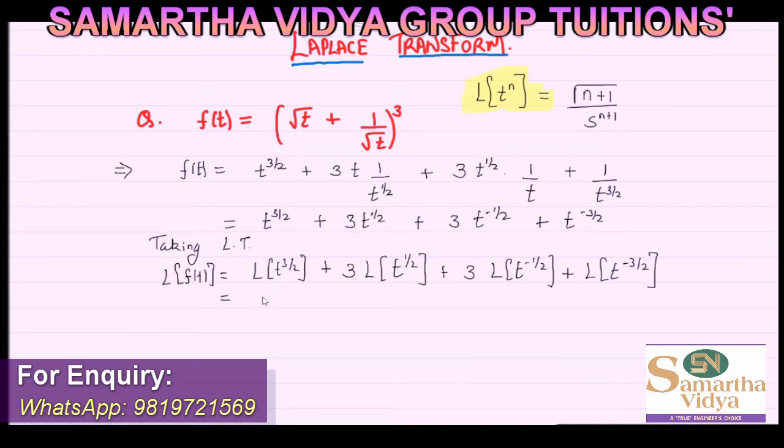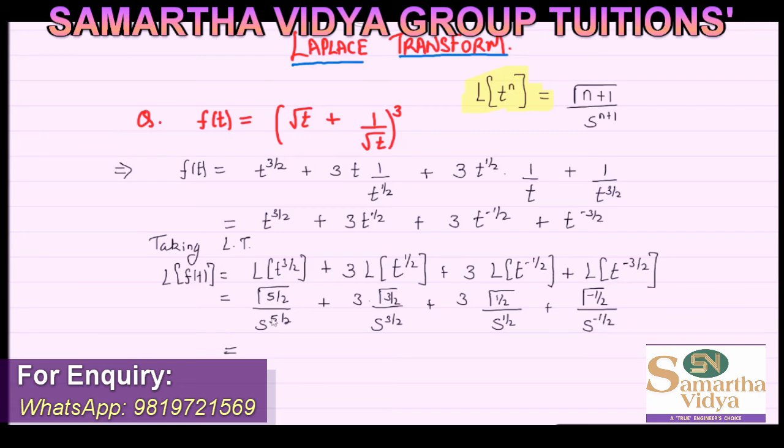If I apply it on this, we'll be getting gamma of 3 by 2 plus 1, that is 5 by 2, upon s raised to 5 by 2, plus 3 into gamma of half plus 1, that's 3 by 2, upon s raised to 3 by 2, plus gamma of half minus half plus 1, so that is gamma half upon s raised to half, plus gamma of minus half upon s raised to minus half.